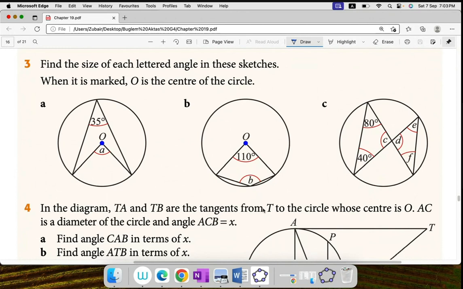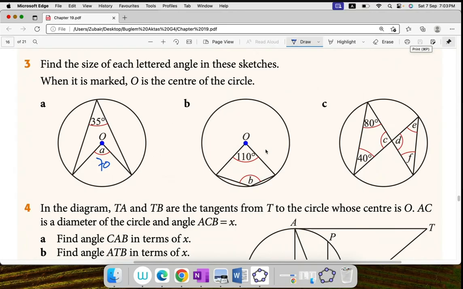Question number 3. Find the size of each lettered angle in these sketches when it is marked O is the center of the circle. See, he's given that O is the center, but in C part, nothing as such is given. So when it's not given, we'll not use it. What is the value of A? Can you do that? 70. 70. And B? 70.